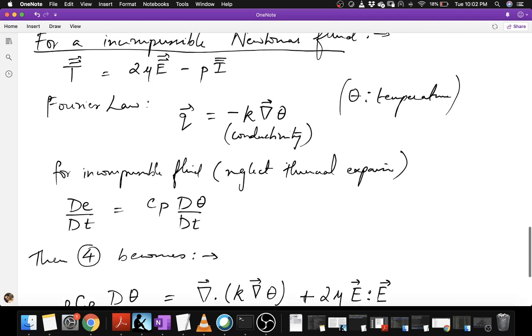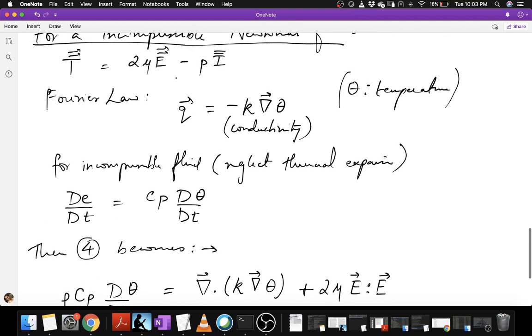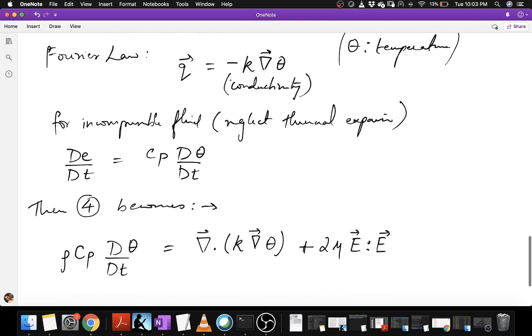Notice that only the viscous term makes a contribution here in the thermal energy equation, because the identity tensor when contracted with E simply gives you the divergence of velocity, and the divergence of velocity is of course 0 for an incompressible fluid. So for an incompressible fluid, pressure forces do not lead to any changes in the temperature equation. That is, we cannot convert mechanical work into heat.